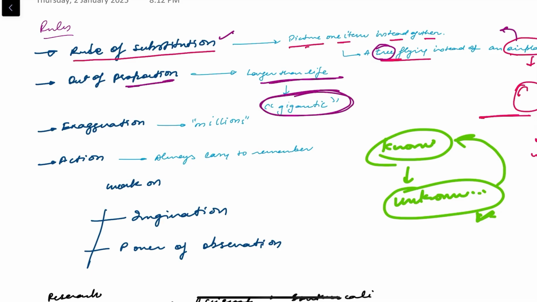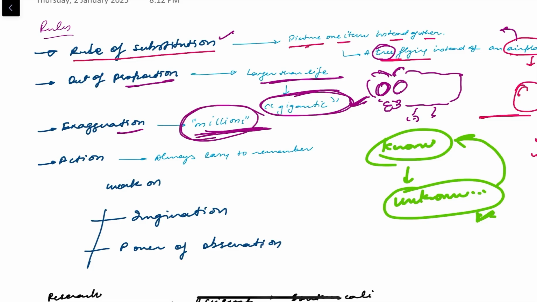For example, if you have to memorize that an ant was eating sugar, then you'll have to see a gigantic ant, with those eyes, those antennas and that gigantic mouth. Pardon my drawing skills, they're not that great, but you have to make a very weird image of an ant. Then exaggeration, millions. You have to see it in quantities of millions. It should be a lot of them.